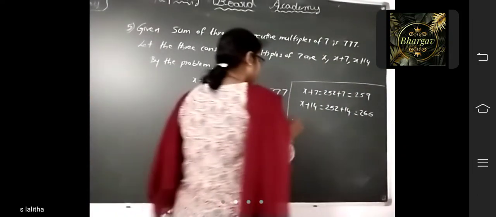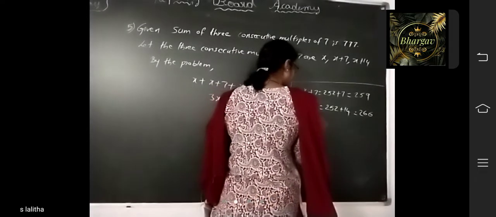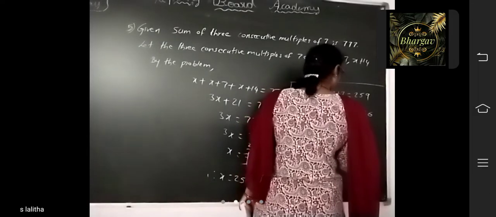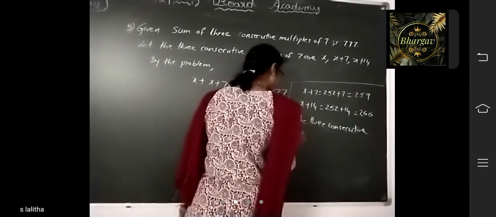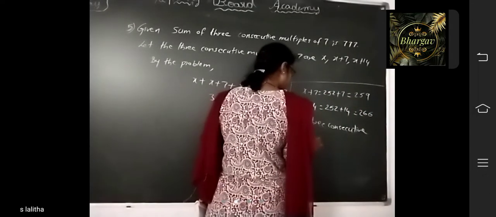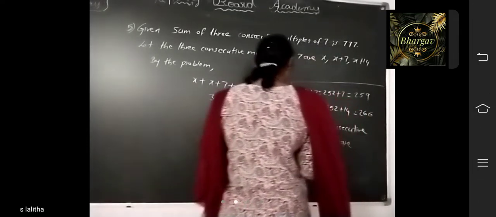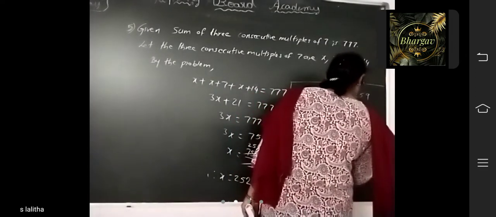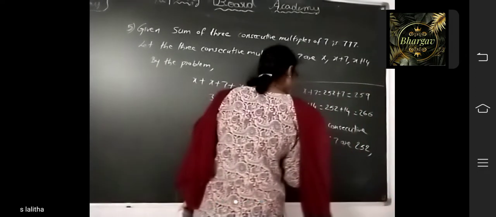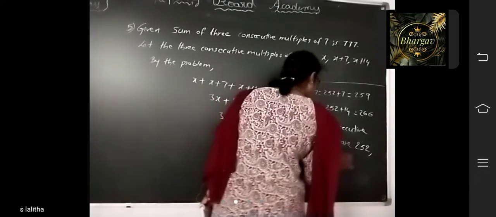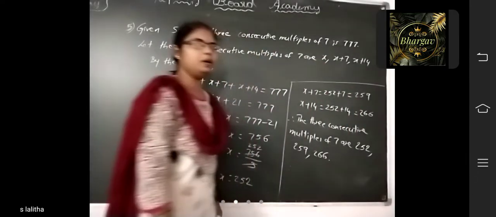So therefore the 3 consecutive multiples of 7 are, what are those? First one is 252, second number 259, next number 266. Okay, ma'am? Right.